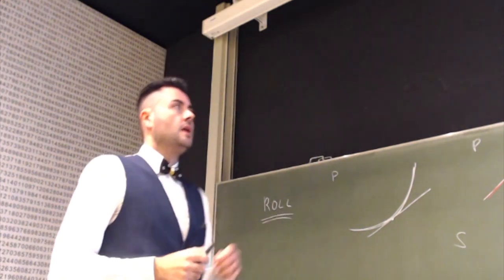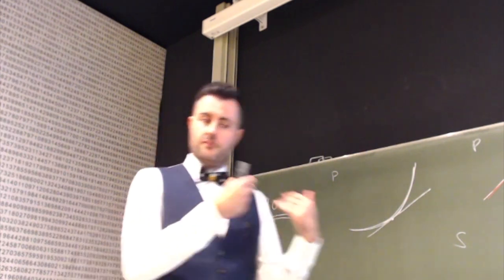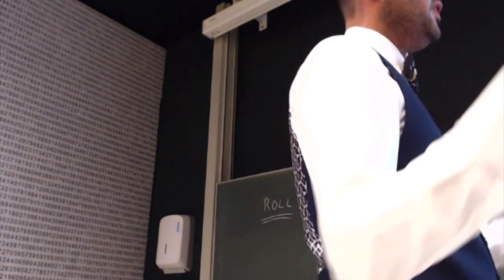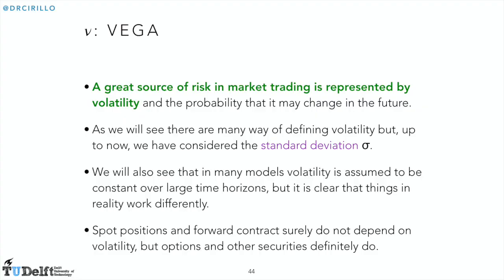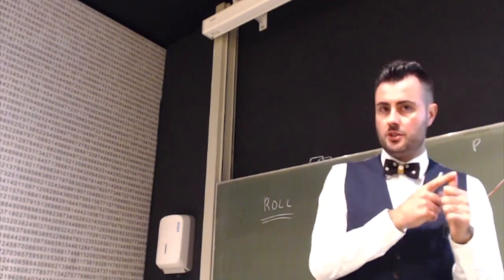Okay? Now, the Vega, which is the third Greek, the first Greek without a Greek name, is nothing more than the sensitivity of the portfolio with respect to volatility. So the Greeks are just sensitivities of the portfolio with respect to something. Delta, small changes in the price.